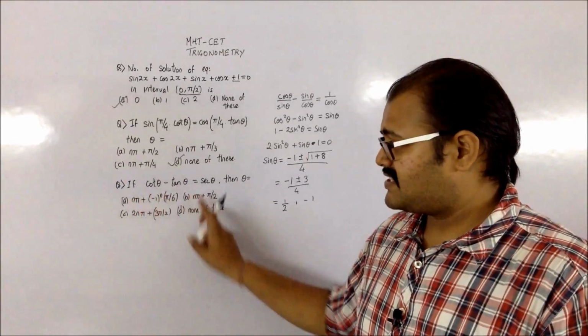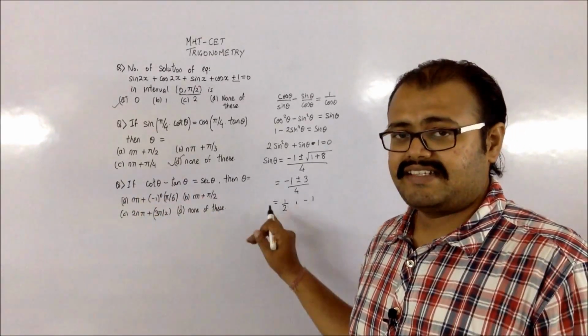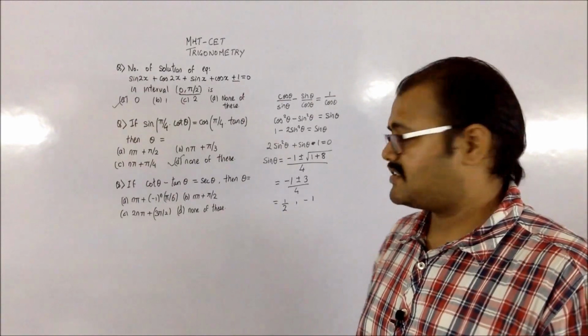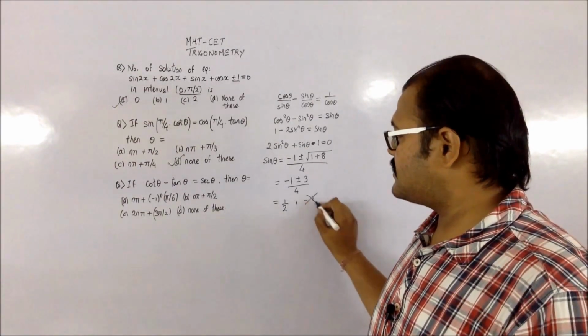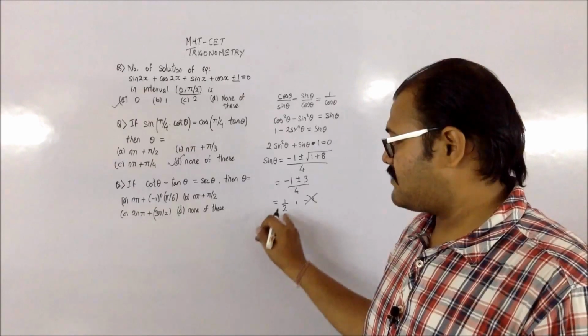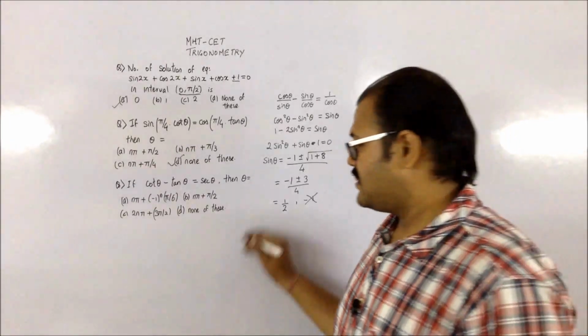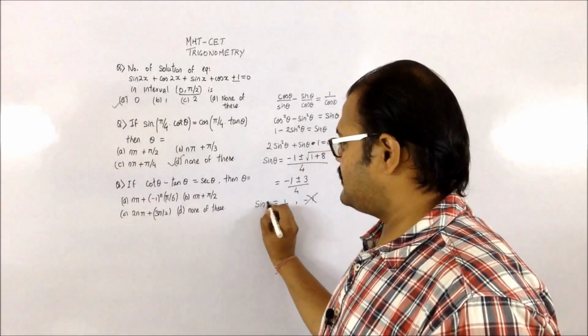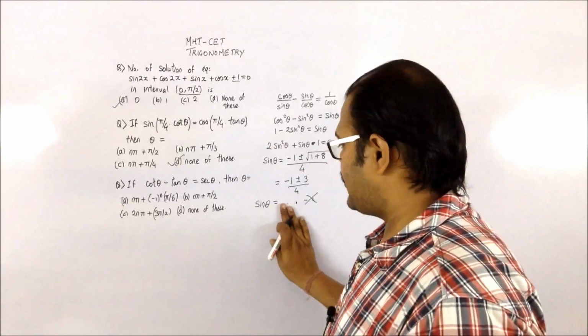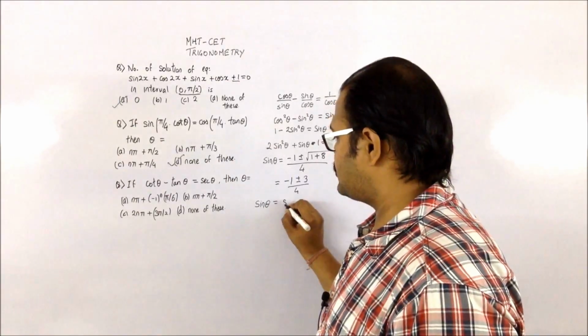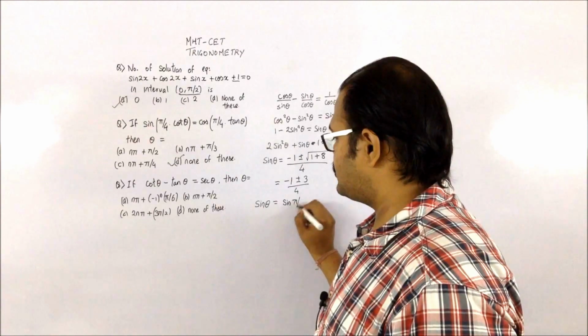So for the equation to exist, sine theta cannot have the value minus 1. So I have to reject this value and concentrate on the half. So I'm having sine theta as half, and I can write half as sine of pi by 6.